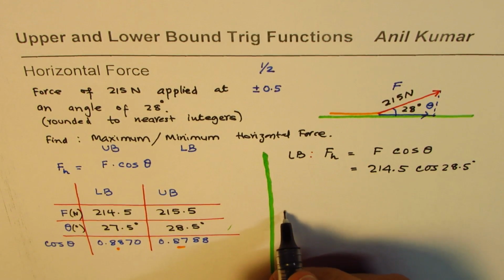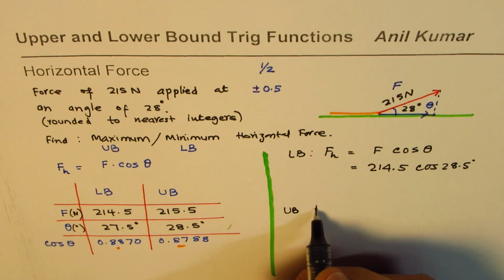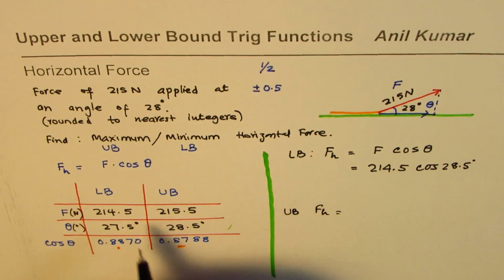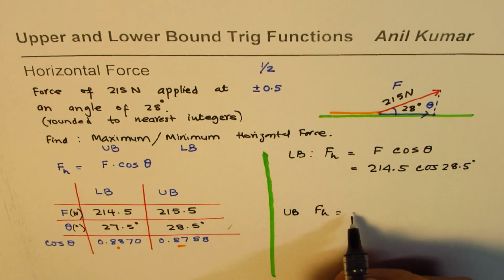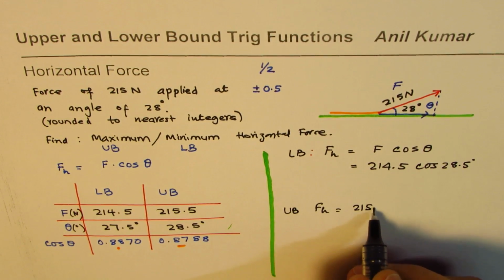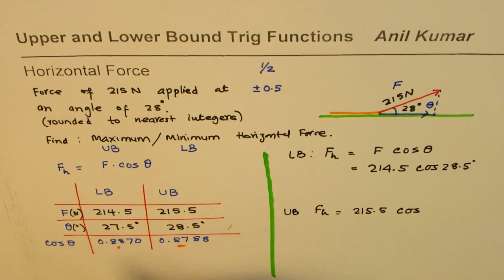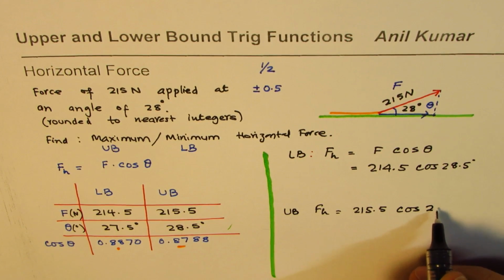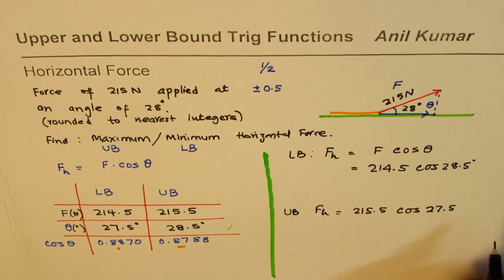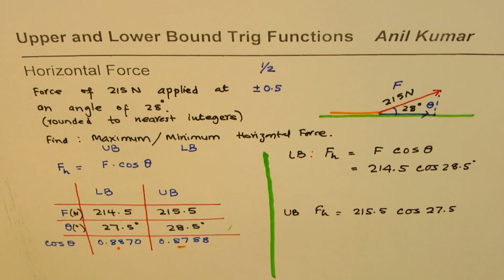Now, for the upper bound horizontal component, we have to take the higher value for force, which is 215.5 newtons times cosine of the lower angle. The cosine value for the lower angle is higher. Is it okay? If you see the curve of the cosine function, let me sketch that for you.